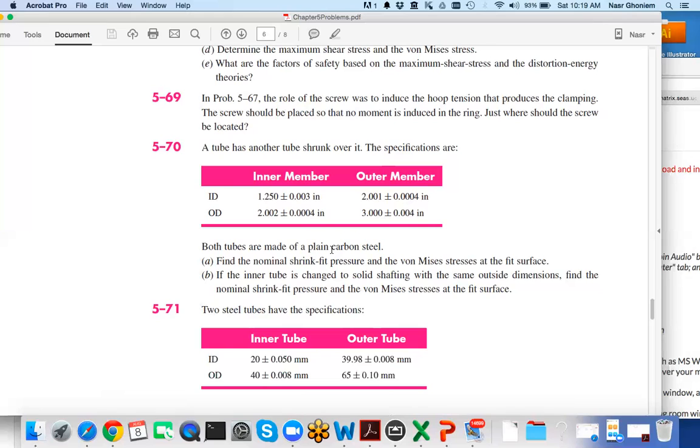So the outer radius of the inner shaft is slightly larger than the inner radius of the flywheel. That creates an interference, and the interference causes pressure at the interface.